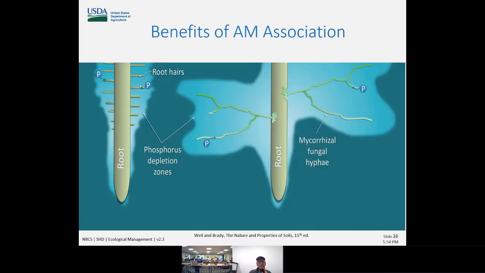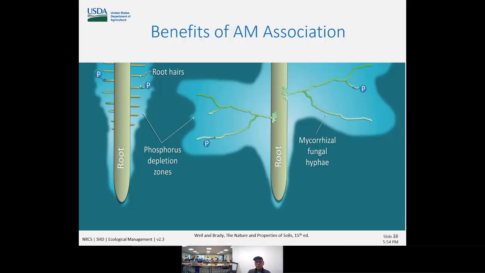And you can see here mycorrhizal fungi on the right side, and on the left side, roots without mycorrhizal fungus. About 85% of plants actually make a symbiotic relationship with mycorrhizal fungus.